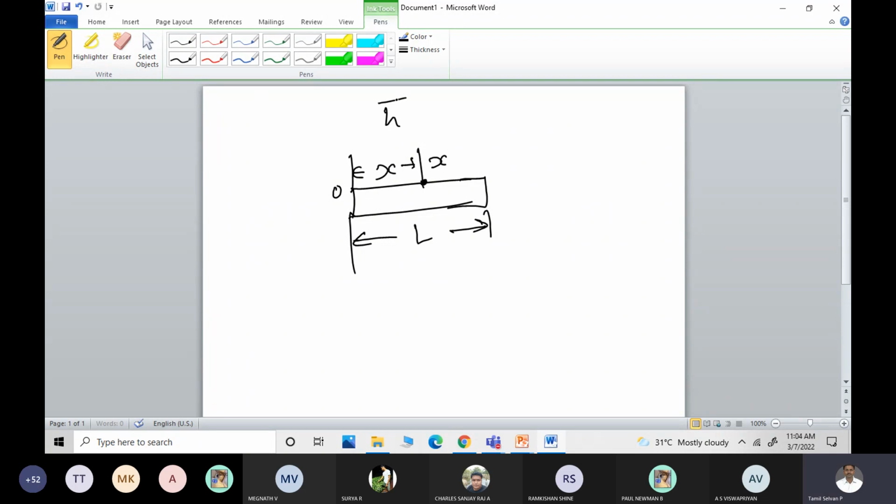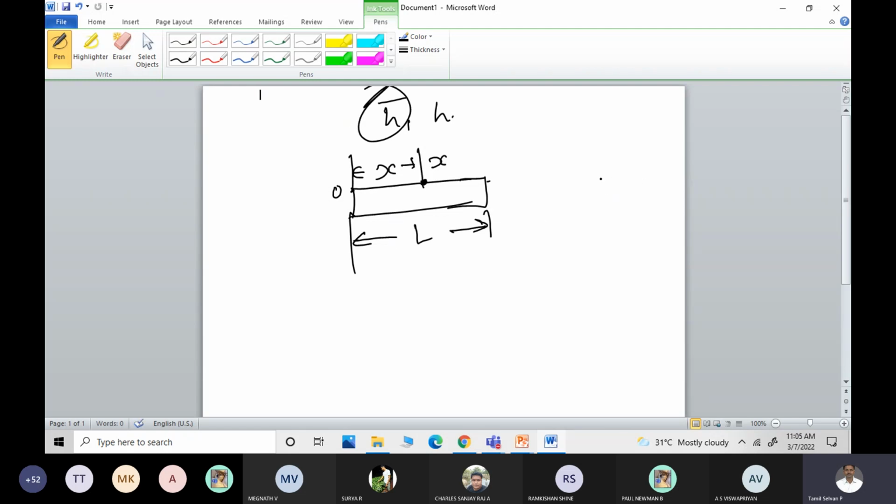The local h defines a particular point, and this h value varies from 0 to x, and similarly 0 to L. So that's why usually the average value is considered.